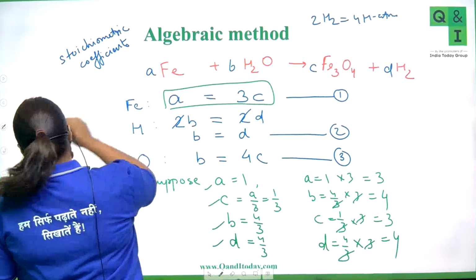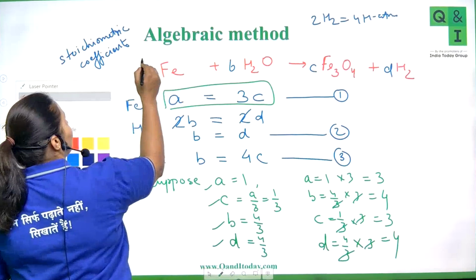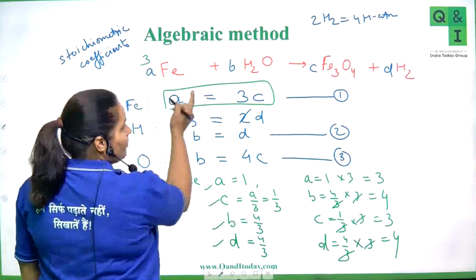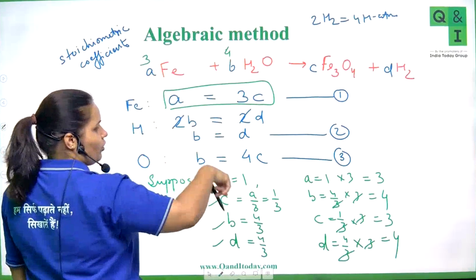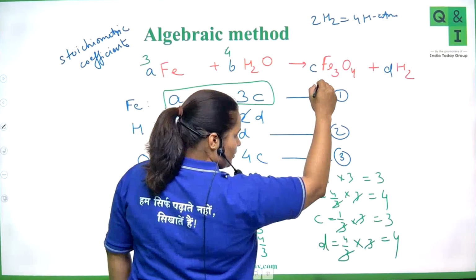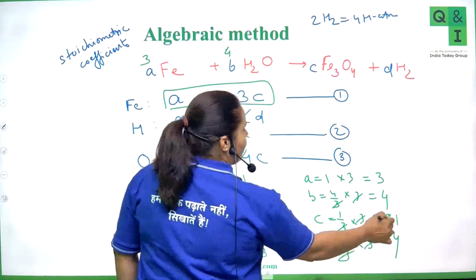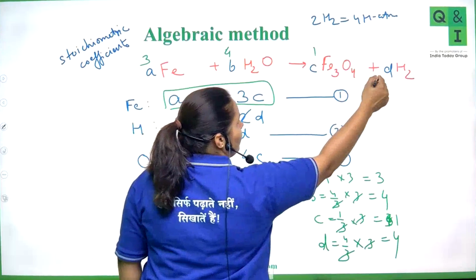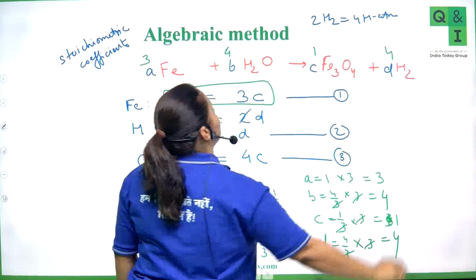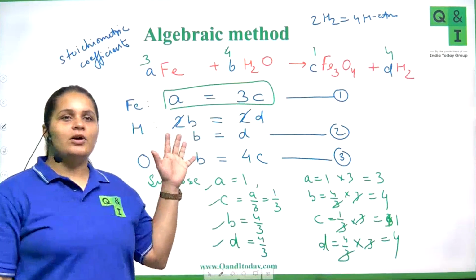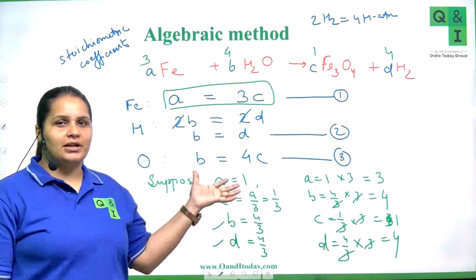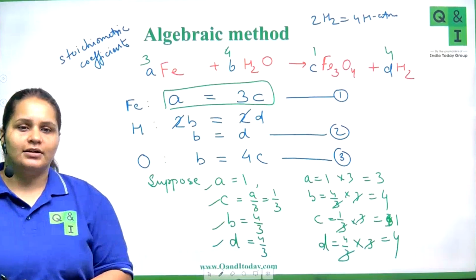So it became 3 Fe plus 4 H2O, giving you C is equal to 1, sorry, C is equal to 1, my mistake. C is equal to 1 and here 4H2. Understood how to apply this method?